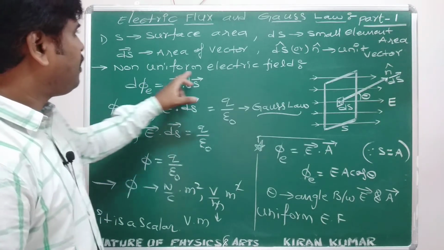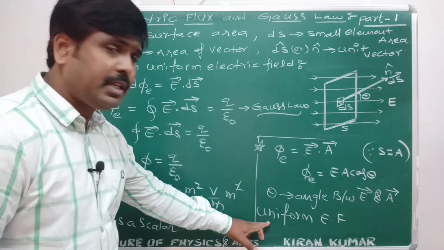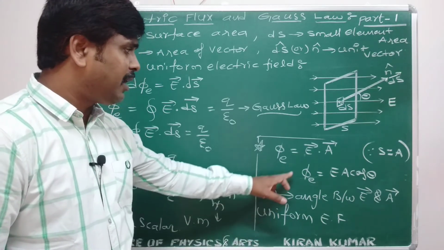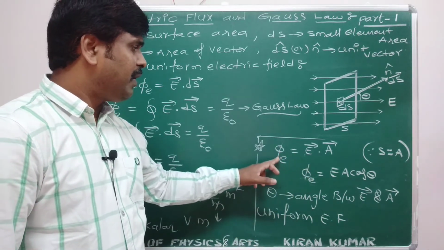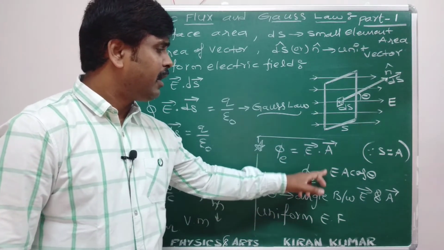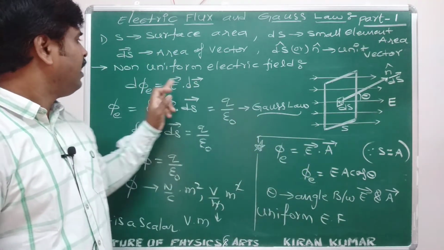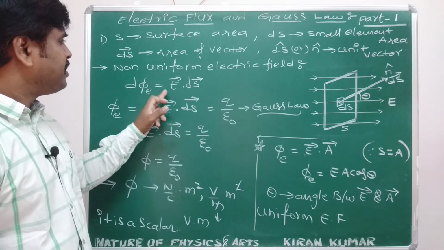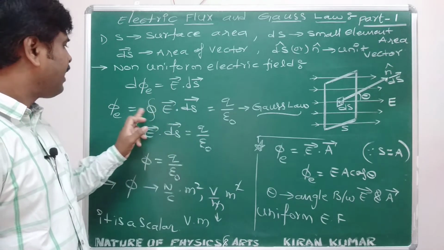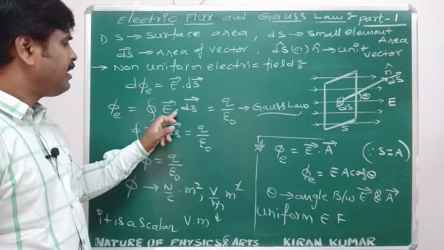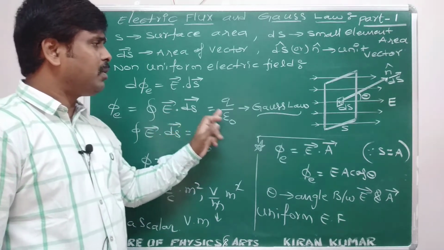So this is about the non-uniform electric field, and this is about the uniform electric field. In a uniform electric field, phi E is equal to E bar dot A bar, that is EA cos theta. In a non-uniform electric field, d phi E is equal to E bar dot ds bar, so phi E is equal to the closed integral of E bar dot ds bar, which is the Gauss law.